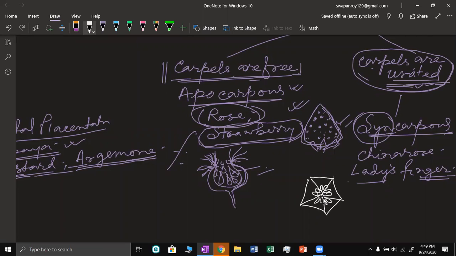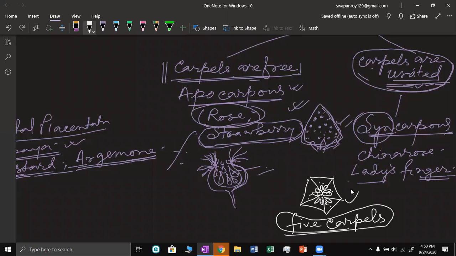These 5 chambers are due to the fact that they have 5 carpels, and these 5 carpels are united together. That's why the 5 chambers are there.